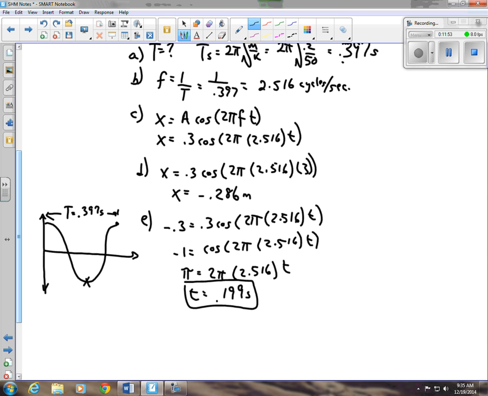Well, the lowest point is halfway through the period. So here the t is going to be 1/2 of 0.397. And depending on the rounding, I'm going to end up with the same answer here. So that was kind of a shortcut. If you physically know what's happening in your graph, you can do it without doing all that math.